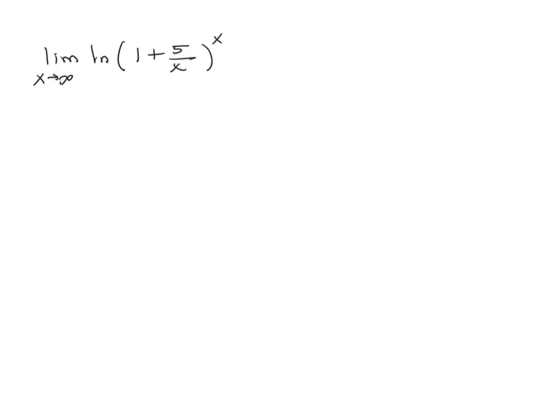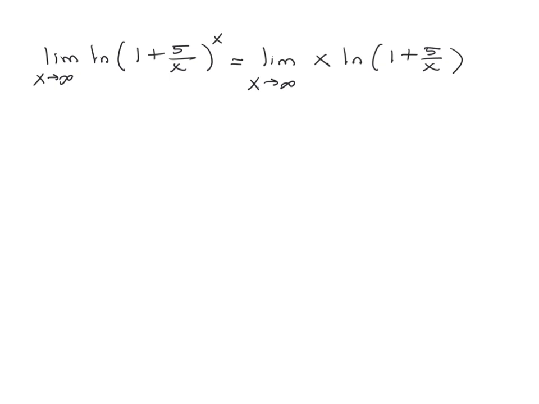So starting here, using properties of exponents, I can take this x and bring it down front. This is just a property for logarithms. This is the limit as x goes to infinity of x times the natural log of 1 plus 5 over x. If you want to use L'Hopital's rule, you have to have a fraction.